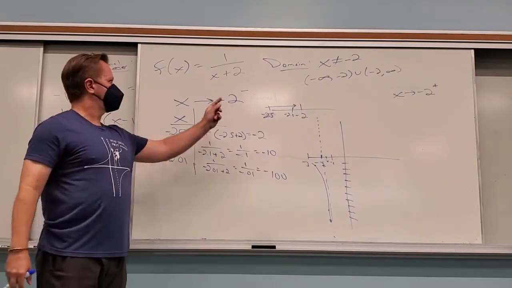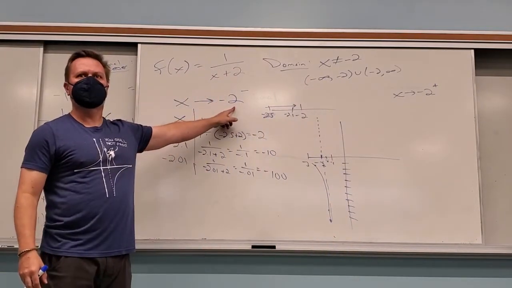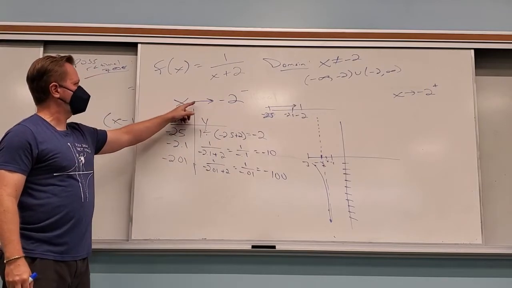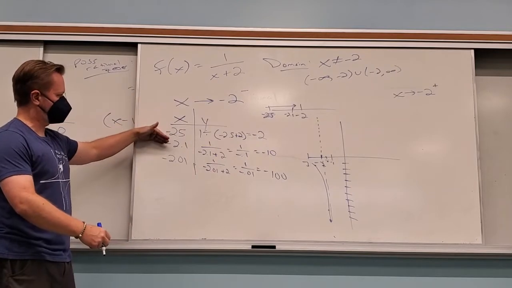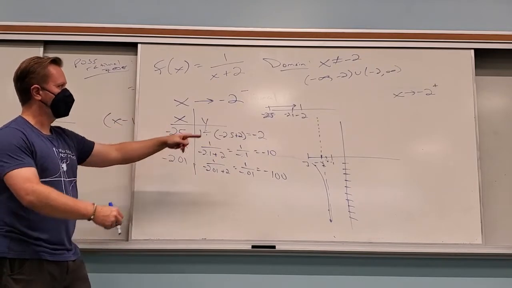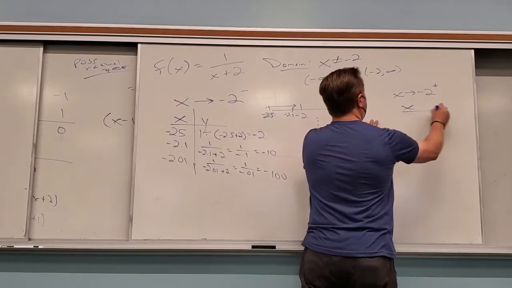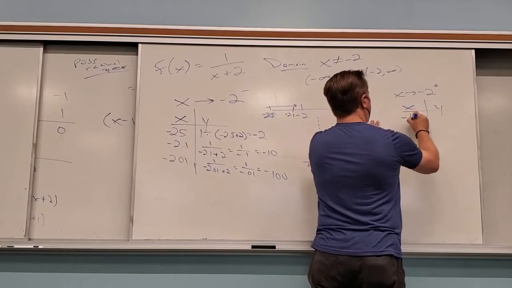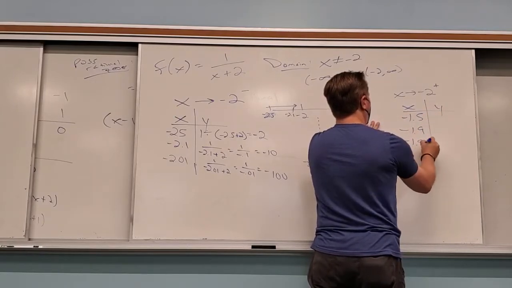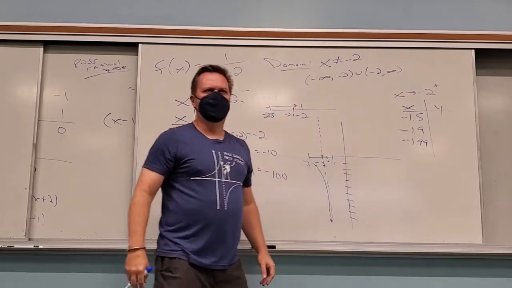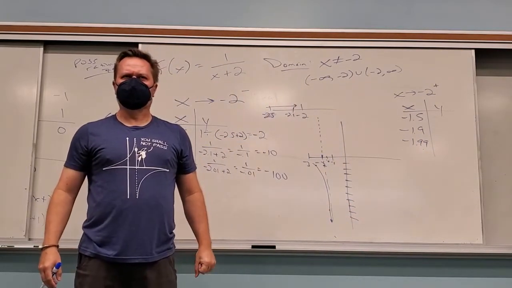So does everybody get what this notation means? Here we allowed x to get close to negative 2 from the left. So it's getting closer and closer to negative 2. So let's start with negative 1.5, and then negative 1.9, negative 1.99. Let's see what happens.